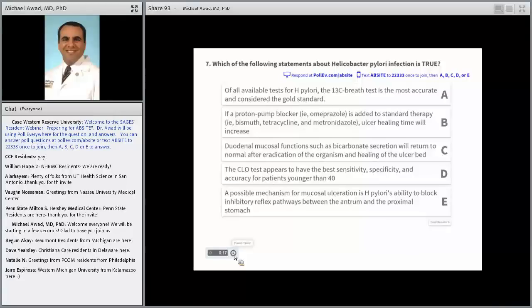Duodenal mucosal function such as bicarbonate secretion will return to normal after eradication of the organism and healing of the ulcer bed. The CLO test appears to have the best sensitivity, specificity, and accuracy for patients younger than 40. Or a possible mechanism for mucosal ulceration is H. pylori's ability to block inhibitory reflex pathways between the antrum and the proximal stomach.